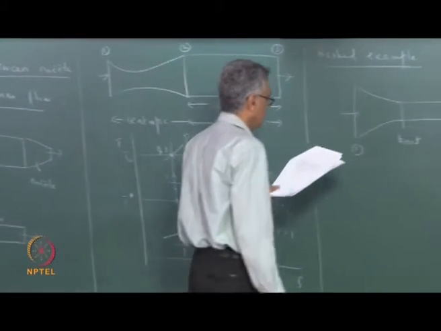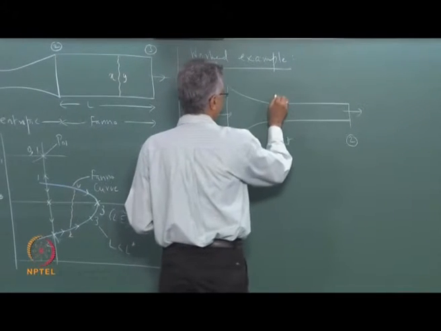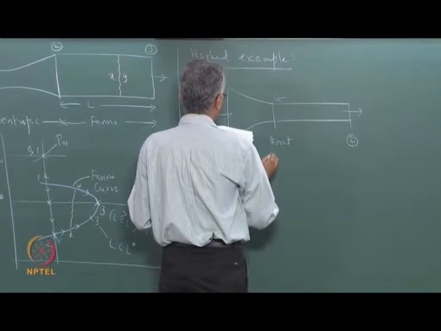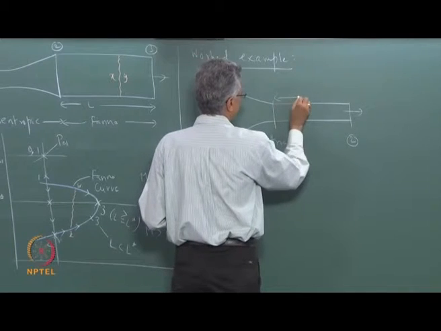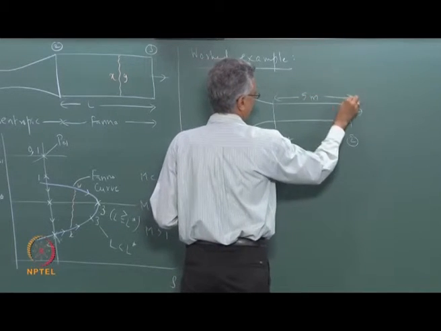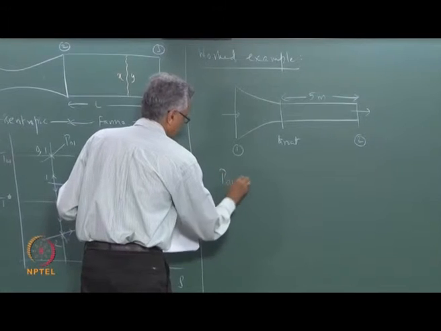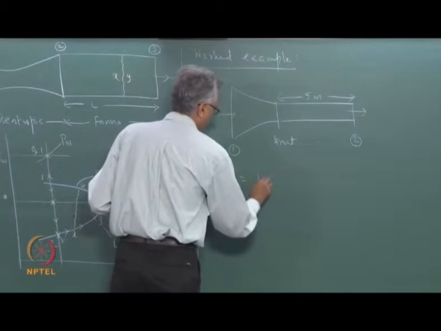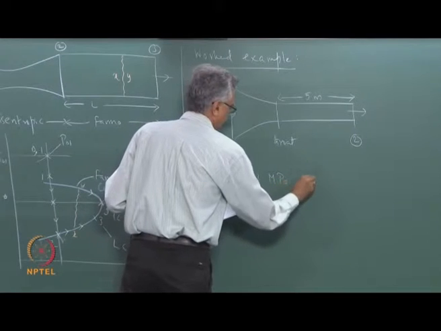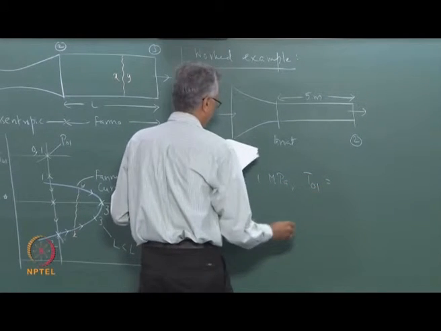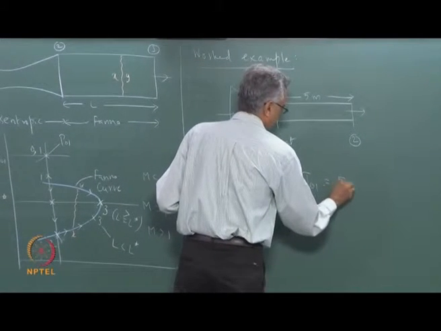Okay. So, let us write down the information that is given in the problem. The length of the pipe is given to be 5 meters and P01 is given to be 1 megapascal, T01 is given to be 500 Kelvin.